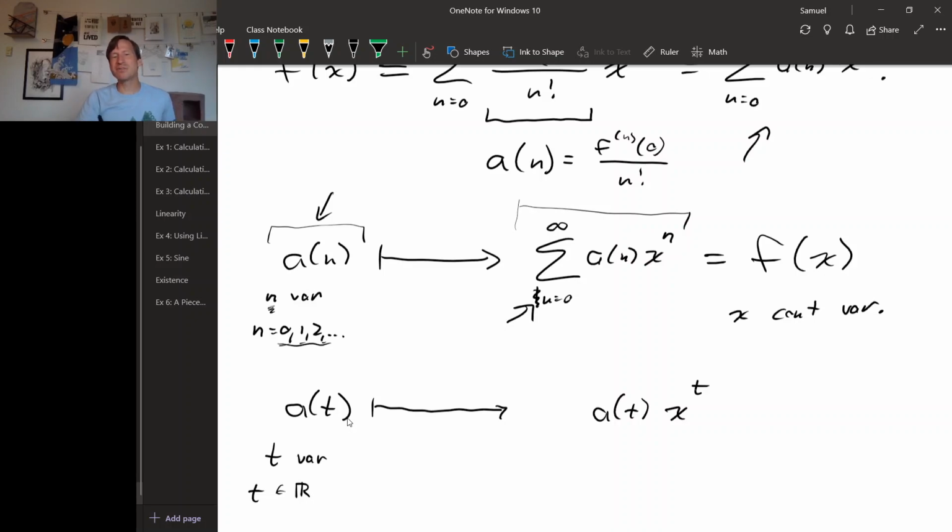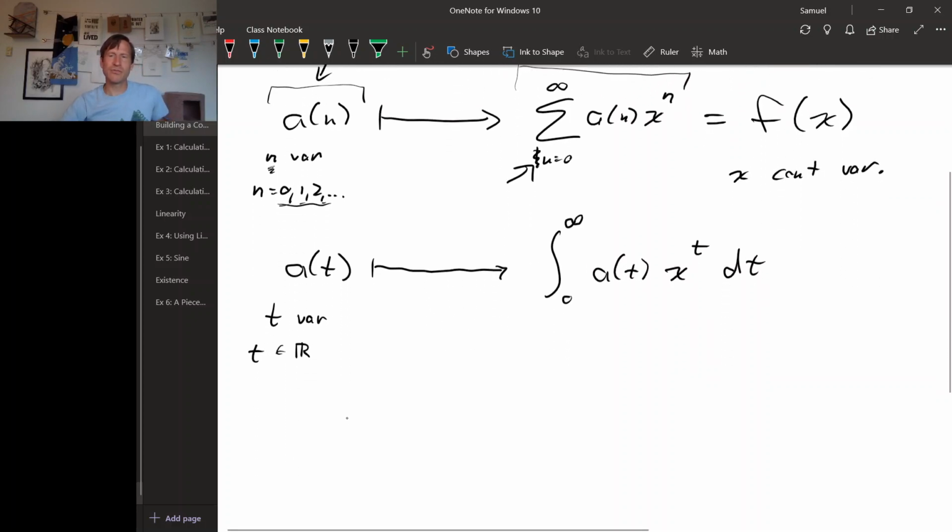There are uncountably many values for t in any real interval, and so if you tried to sum these things, it would never converge. Instead, what we need is an integral, right? The continuous version of a sum is an integral, so we'll do an integral from 0 to infinity dt.